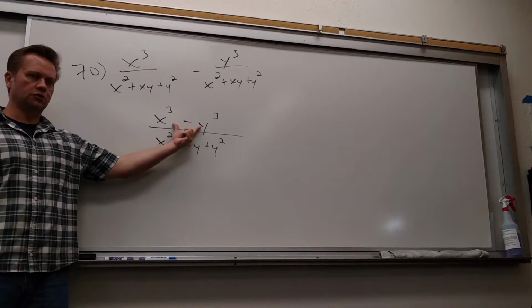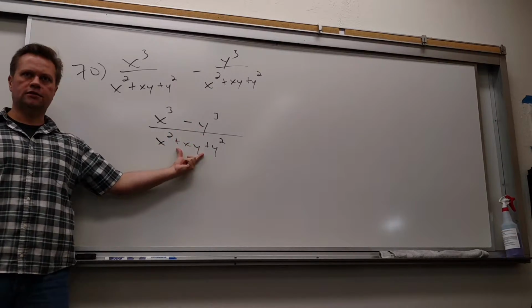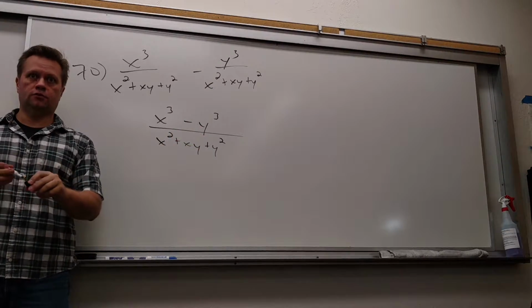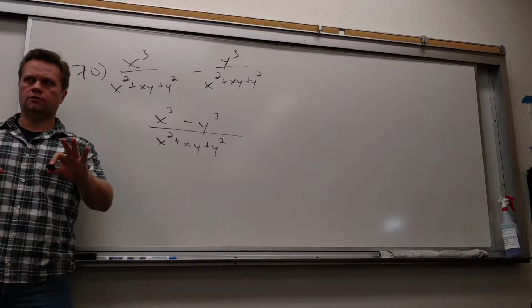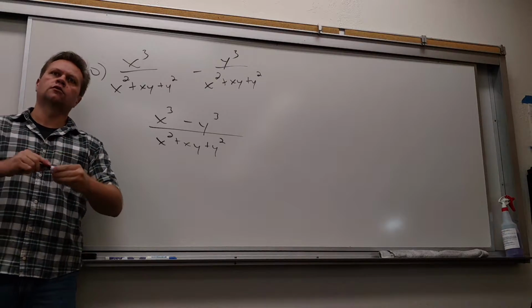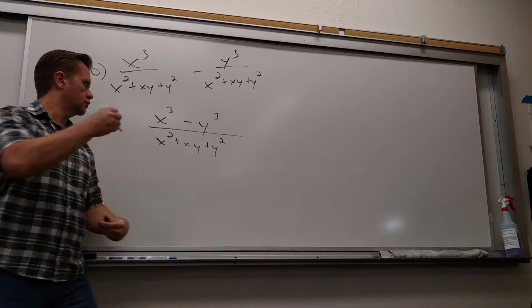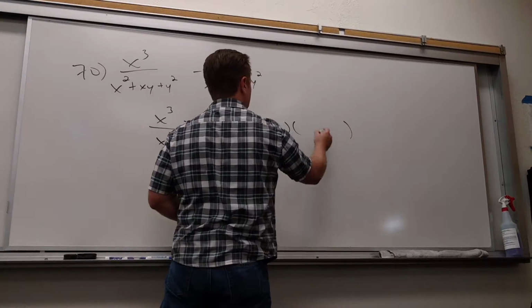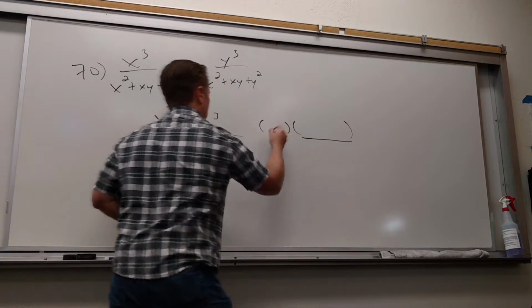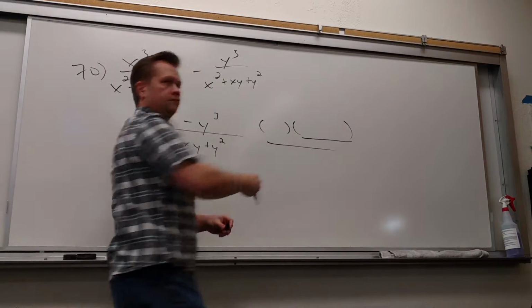So factor this guy, little dude, big dude, and that should be the big dude. Does that make sense? Yeah. So the top will be this, and I'll bet you anything that this will be that.